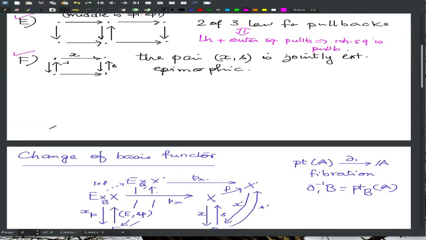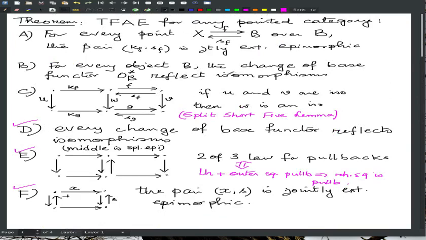So when you are saying that the kernel functor for every object B reflects isomorphisms, this observation already proves this equivalence. Okay? Clear? Yes.